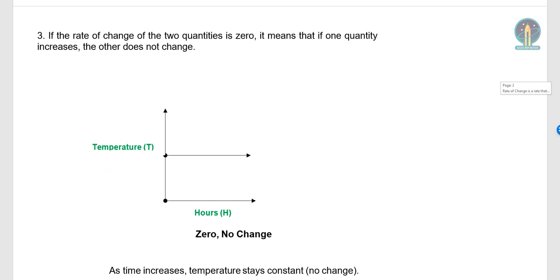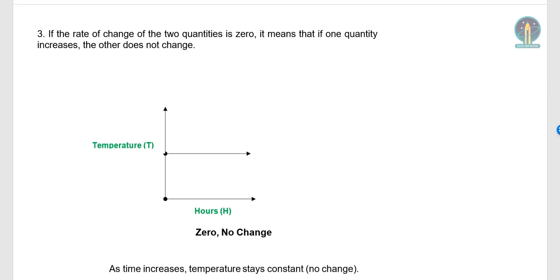Another manifestation of rate of change is when the rate of change of the two quantities is zero, right? And that means that when one quantity increases, the other does not change. So there's no increasing dependence or decreasing dependence between the two quantities.